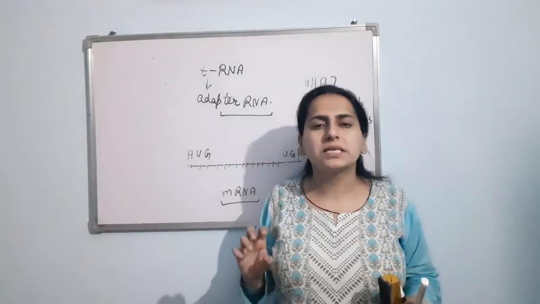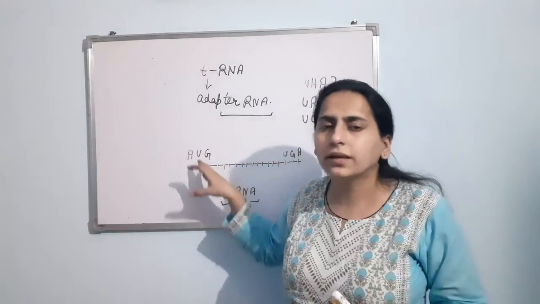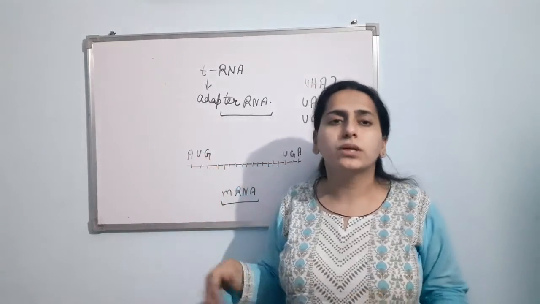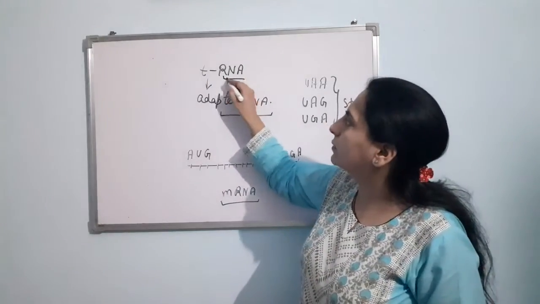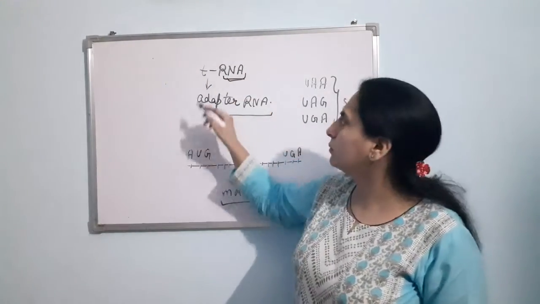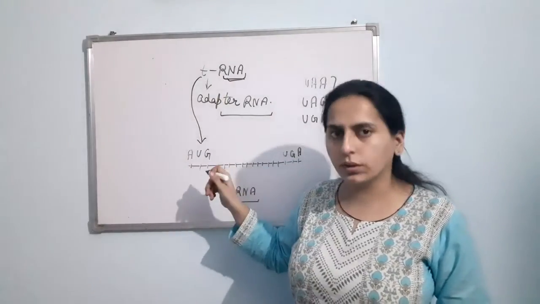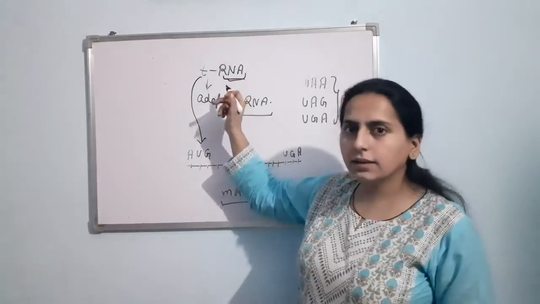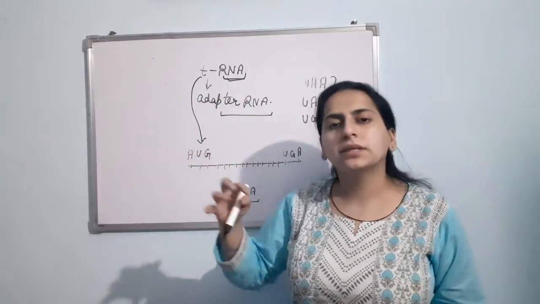But the amino acid cannot read this code. Methionine cannot read AUG. It cannot come on its own. So this function is performed by tRNA. tRNA will come and read this code, and then after reading the code, it will bring the methionine.